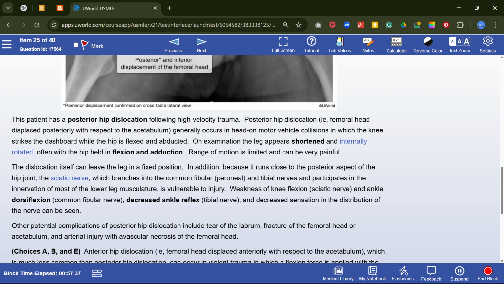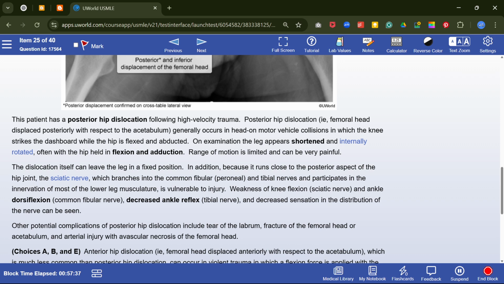The femoral head is displaced posteriorly with respect to the acetabulum. It generally occurs in a head-on motor vehicle collision in which the knee strikes the dashboard while the hip is flexed and abducted.